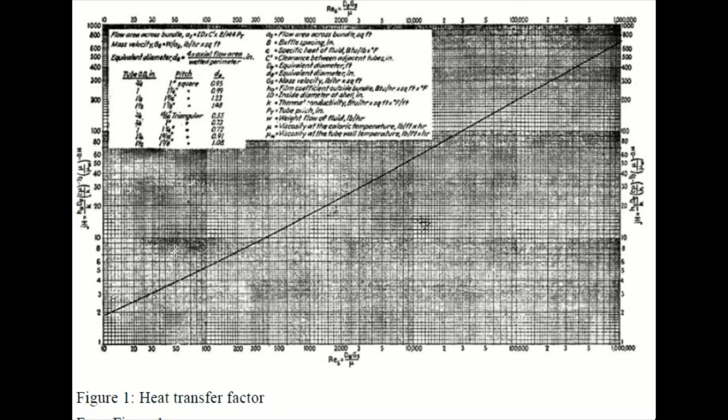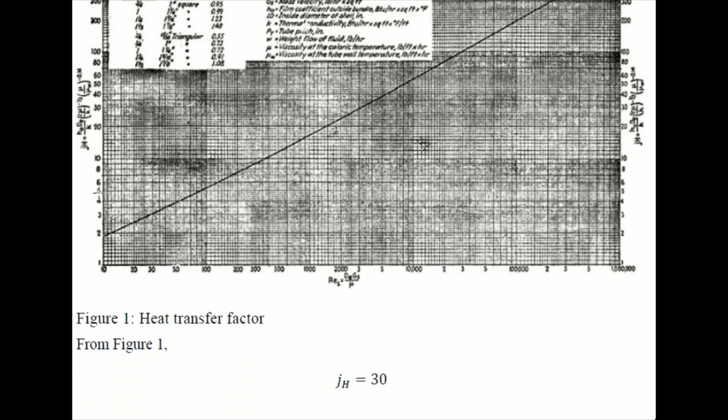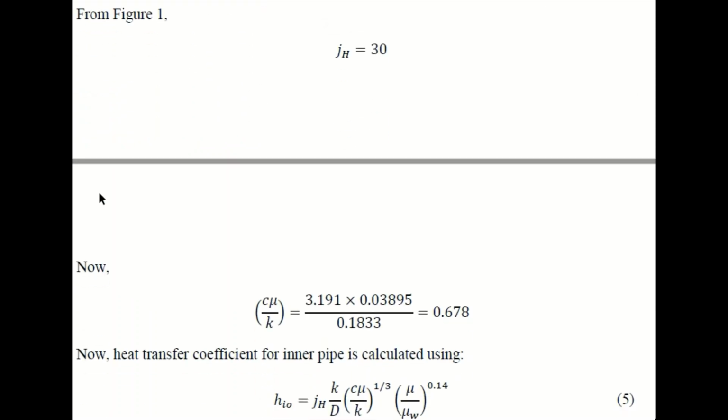Using this Reynolds number, we can find the heat transfer factor from this figure, like 2490 from here, and in this way the heat transfer factor is obtained as 30. Now the next step is to calculate the Prandtl number, which purely depends upon the physical properties, mu Cp over k. We know all of these physical properties, and this is why I mentioned that we need to calculate the physical properties at the start, because these are required throughout the design.